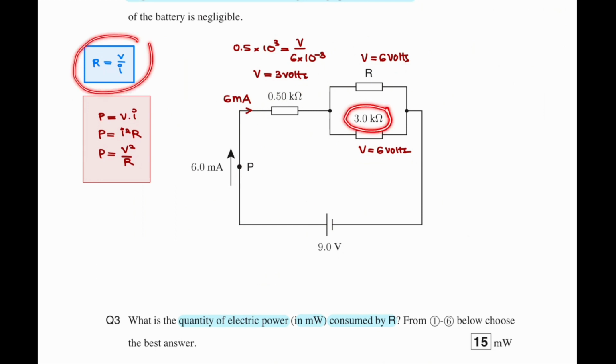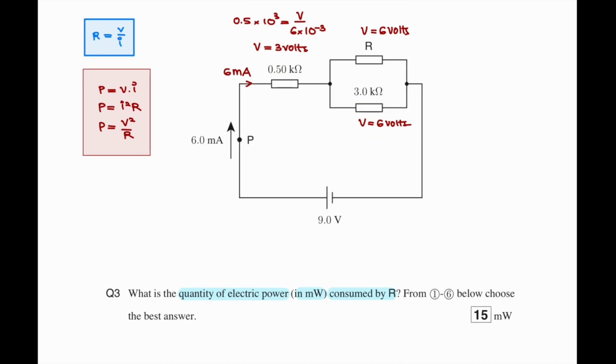By using the same equation, I will get R is 3 times 10 to the power of 3 equals V over I. I can find the current that flows through this 3000 ohm resistor.